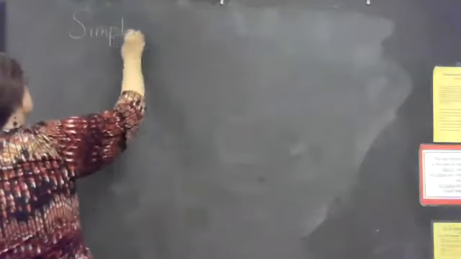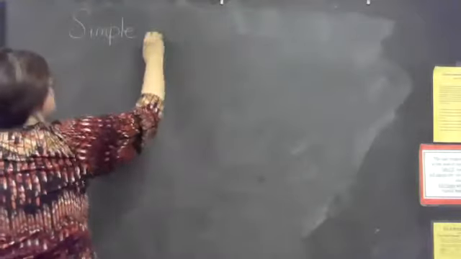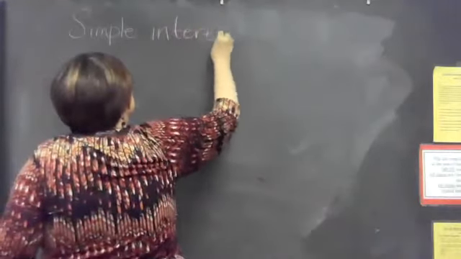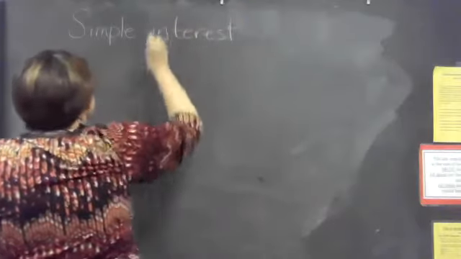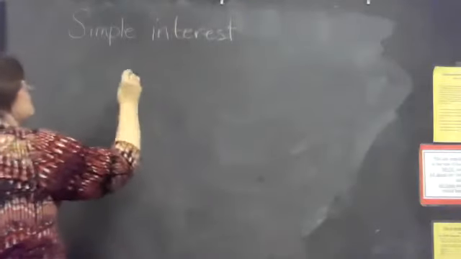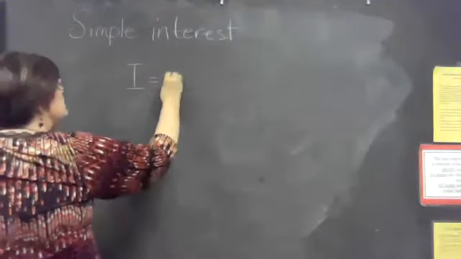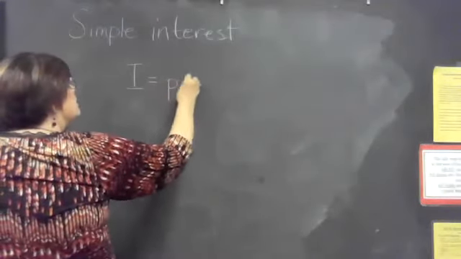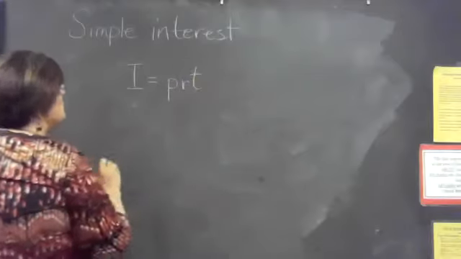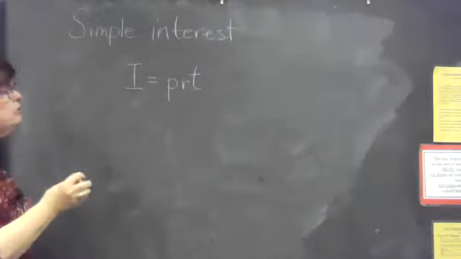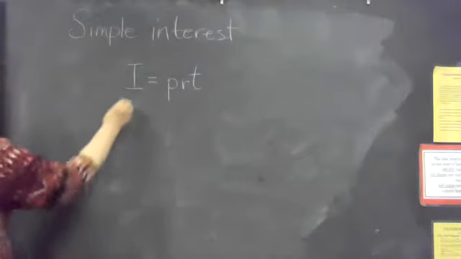Simple interest has a formula that is very easy once I explain to you what all of the letters mean. Simple interest is I equals P times R times T. Now this doesn't mean a whole lot to you until I tell you what each one of them stands for.